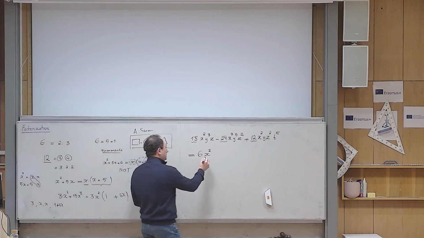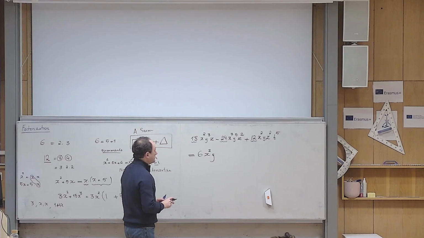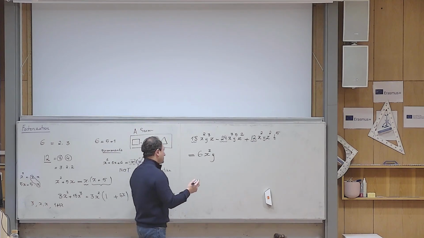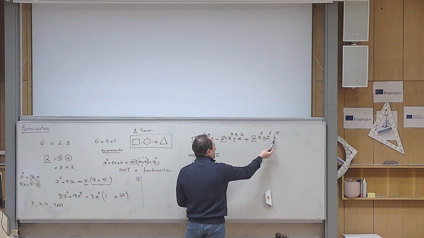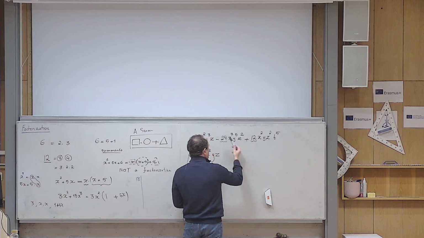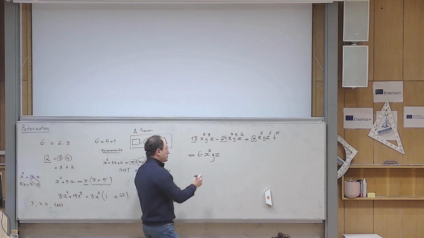So I put a y here. There is another letter involved, z squared and z squared. So what is the maximum? 1 z. There is also another letter, t, but it only appears in this one, not in that one. So there is nothing that I can pull out. So I just stop.